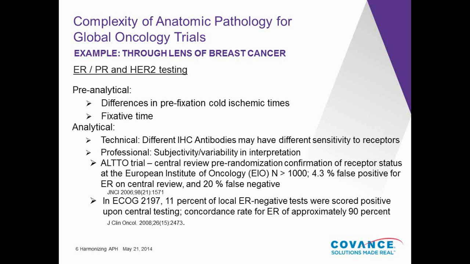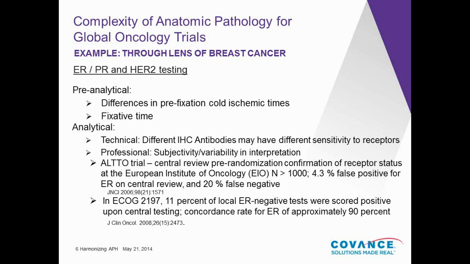But the technical component is really any of the basic steps in the testing process. So bringing that sample, that biopsy in, taking it out of formalin, putting it in a paraffin block, cutting the slides, staining the slides, all those are part of the technical component. The professional component is the pathologist then looking at that stained slide under the microscope.